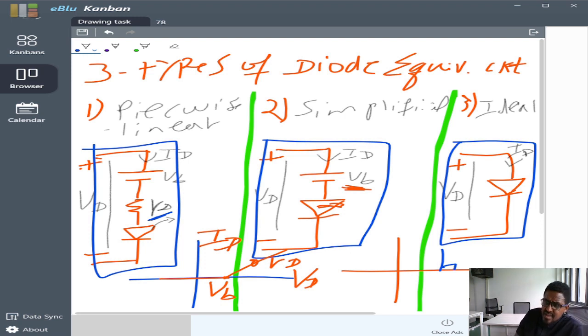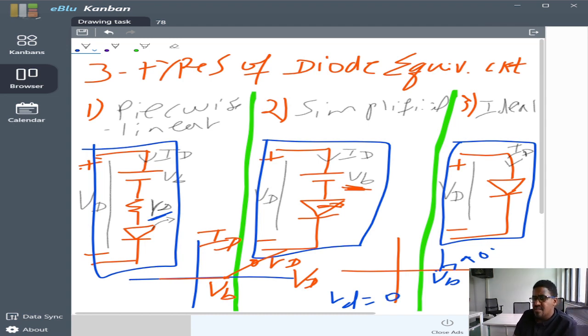So tan theta, that is the slope, is equal to infinity, since tan inverse of infinity is 90 degrees. This represents the voltage source. So in the simplified equivalent circuit or constant voltage drop equivalent circuit, RD is equal to 0.